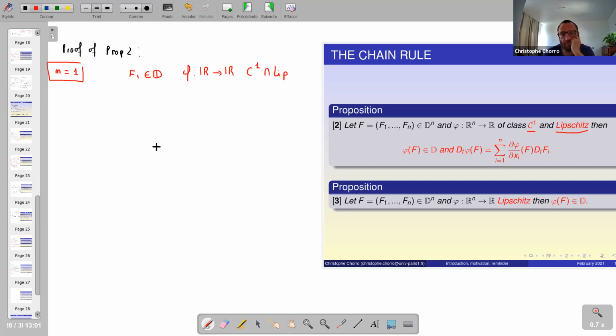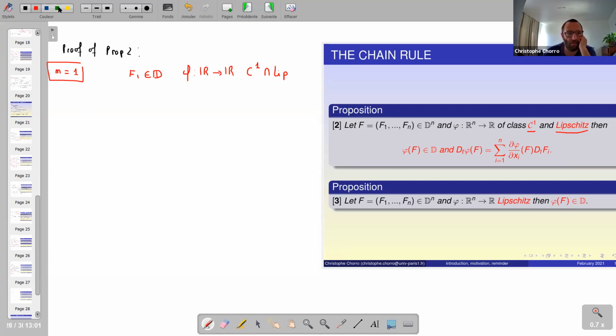As I have previously said to you, the way we are going to prove this result is by doing 2 steps. The several-steps reasoning will be the key point of what we are going to do in the technical part of the course.